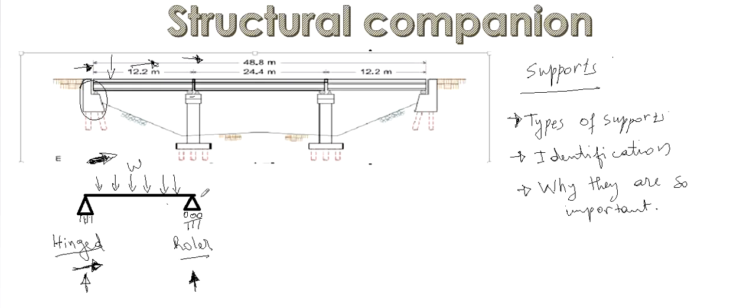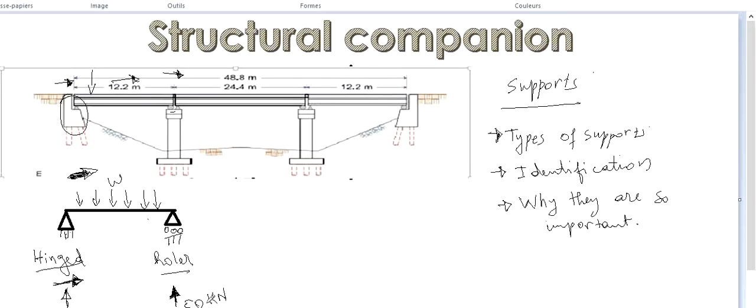For example here, when you calculate a reaction, let's say you have a reaction here of 50 kilonewtons.